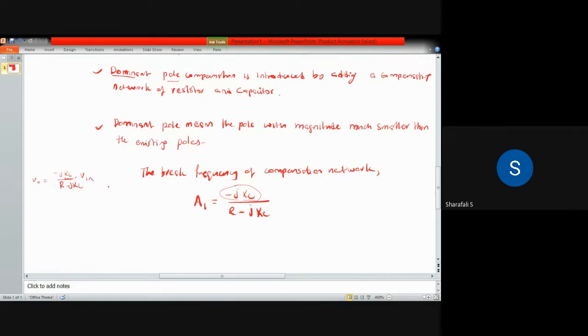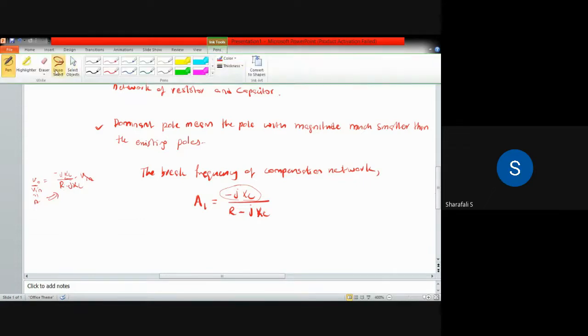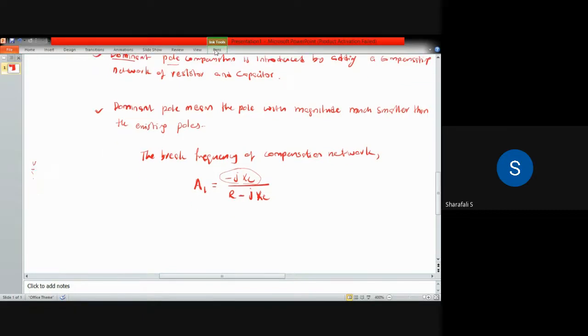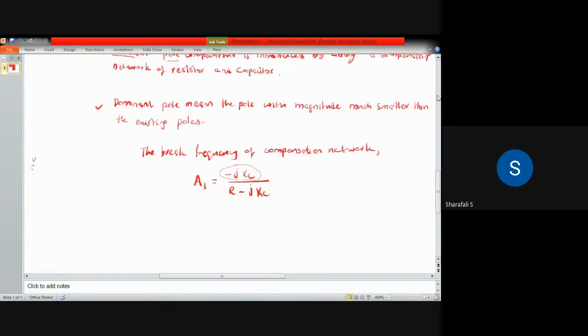Okay? And if you take this V in to this side, V out by V in is Xc over R minus jXc. So that is the gain of that compensation network.